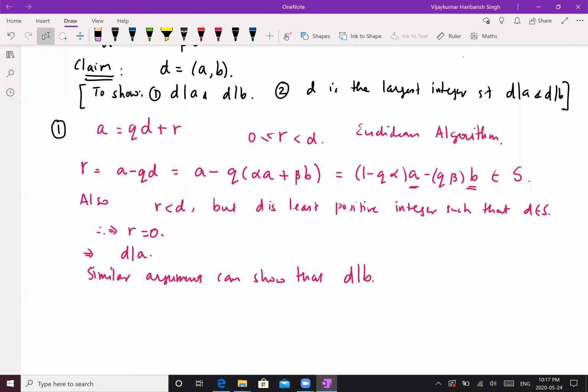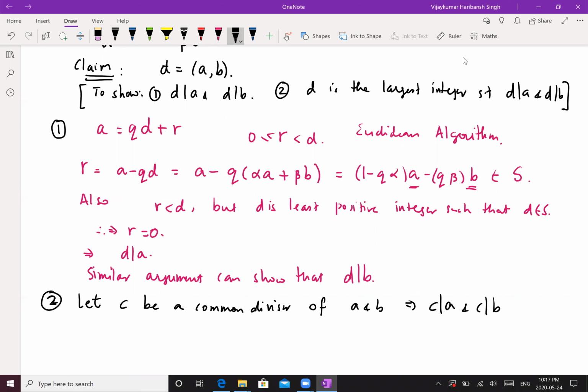Now we want to show that d is the greatest common divisor. So for part 2, let c be a common divisor of a and b. This means c divides a and c divides b.